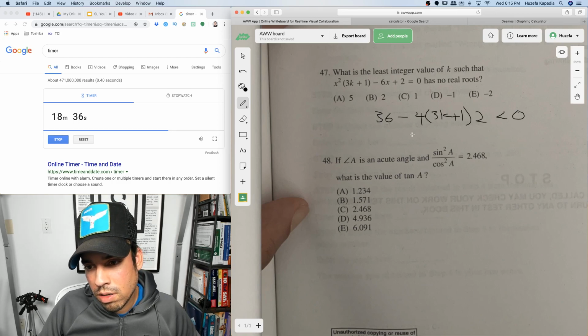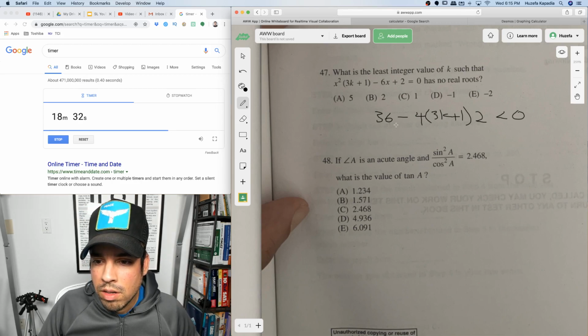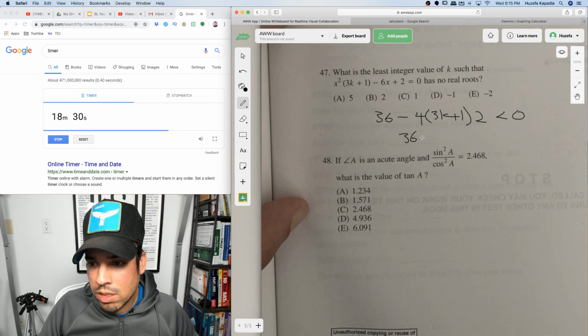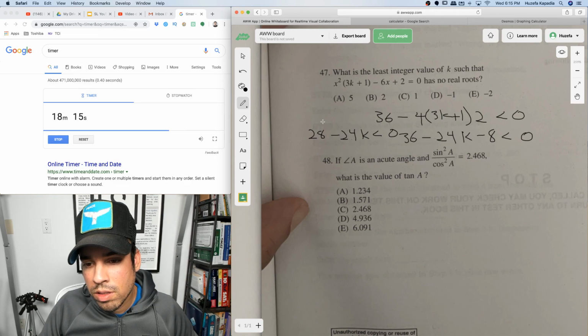Oh, what is the least? Is this how we want to play? Yeah. So then I got 36. This is 8. And then distribute it. Minus 24k minus 8 is less than 0. 36 minus 8 is 28. Negative 24.